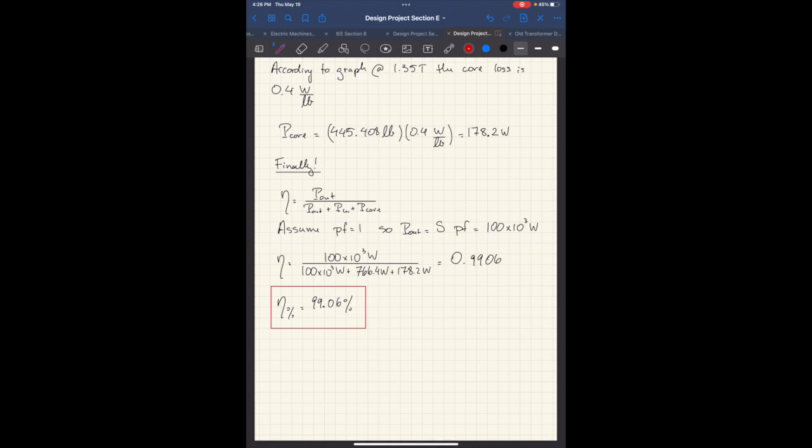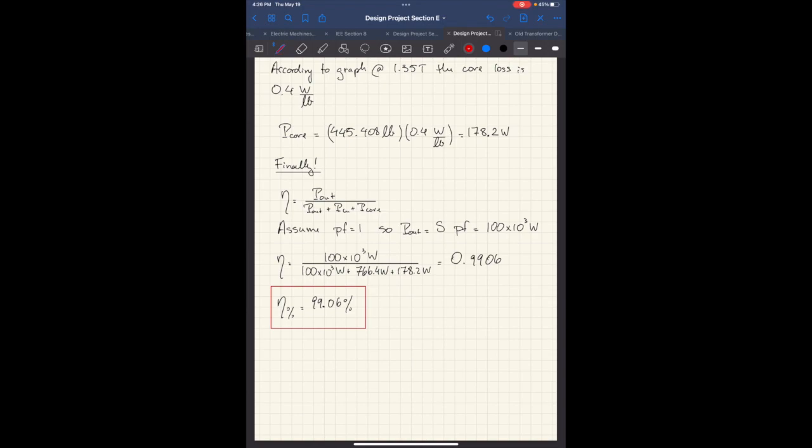Now, this might seem daunting, so I'll give you a guideline. I want you to do different numbers, but why don't you try S equal to 175 kVA and keep the same voltage. You don't have to use these numbers.